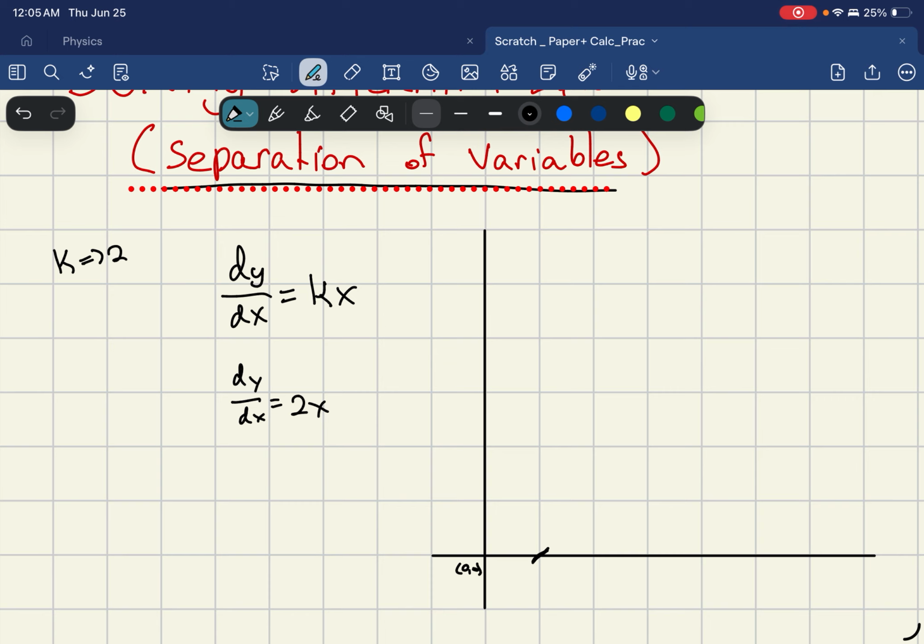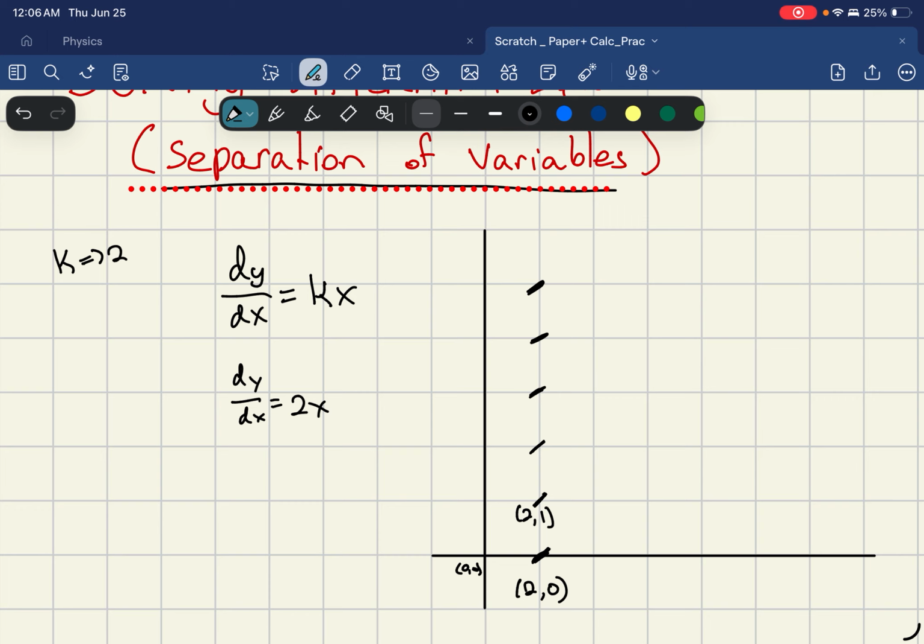For example, let's say our point was 2, 0, right here. Then our point would be this, and this would be 2, 1. This would also be exactly like this, and this, and this, and so on and so forth.